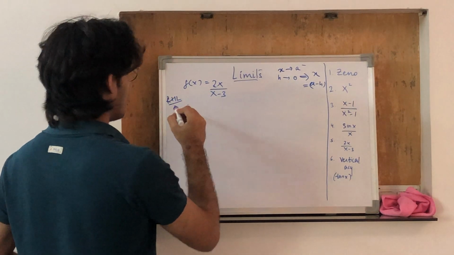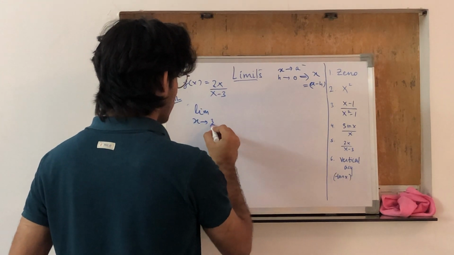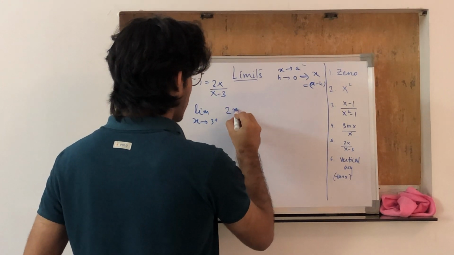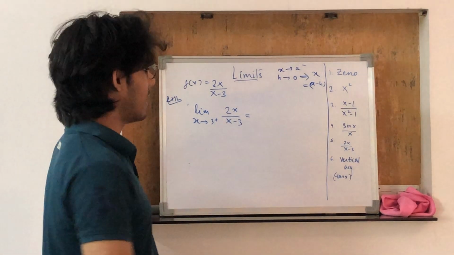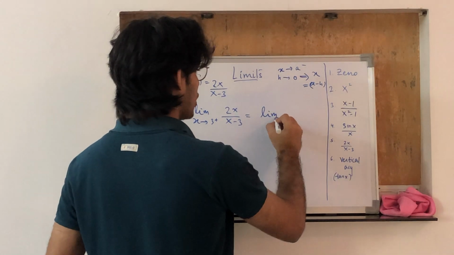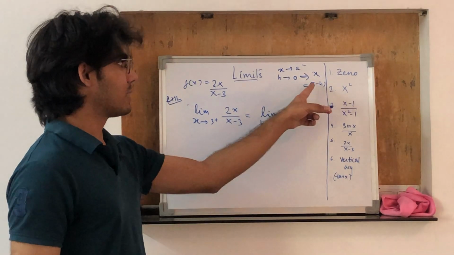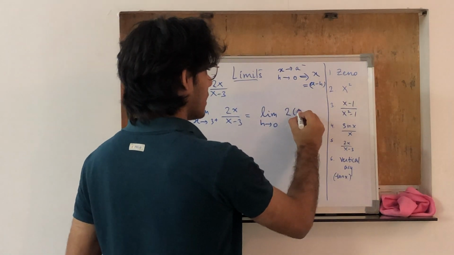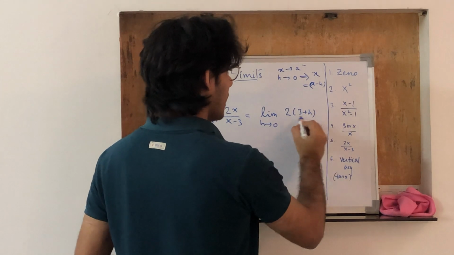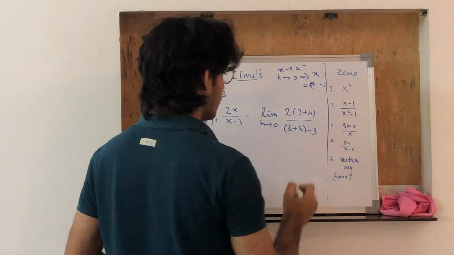Alright, let's find the right-hand limit now. So that's just going to be limit x tends to 3 plus 2x divided by x minus 3. So now, let me ask you, if I were to replace x by 3 plus h, using a similar logic as this, it's going to be 2 times 3 plus h divided by 3 plus h minus 3.